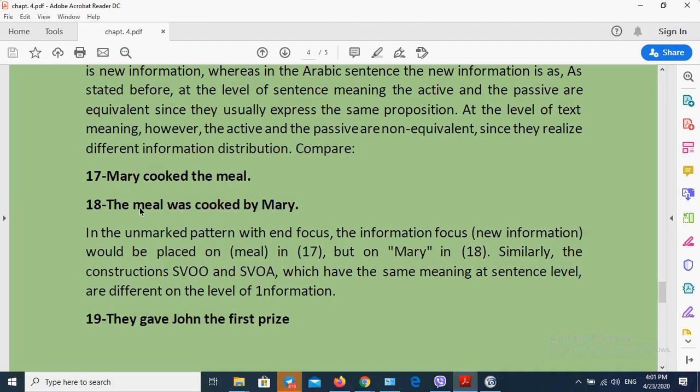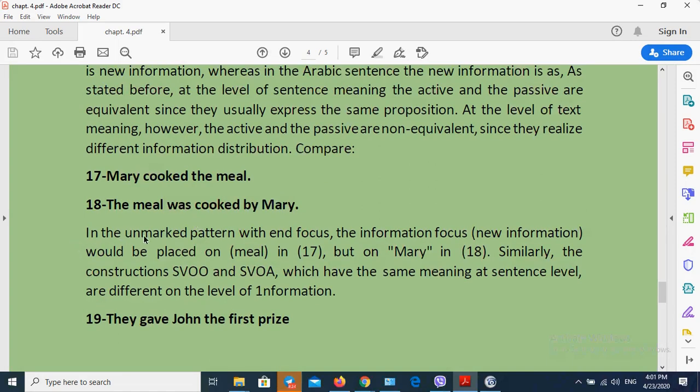Here we have the meal. This is the subject, because here it's changed to passive. The object becomes the subject, and the verb becomes was, because it is singular. The meal becomes the subject, and cooked here by Mary is the past participle of the verb cooked.